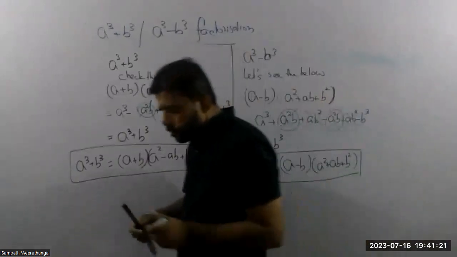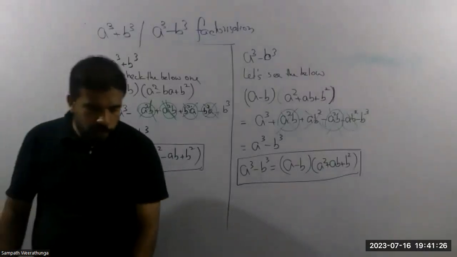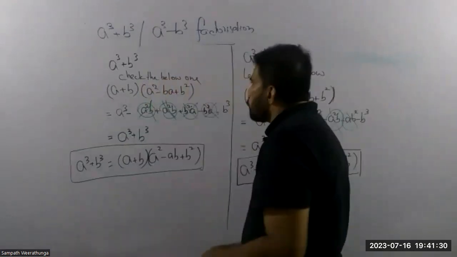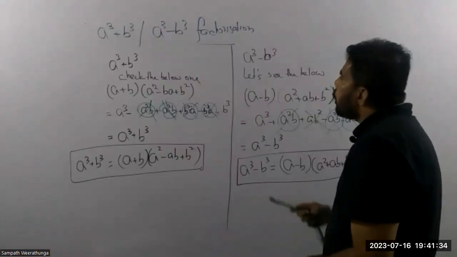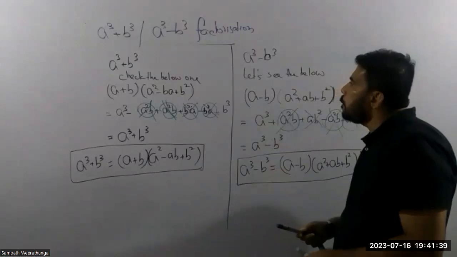Now we found the relationship for A cube plus B cube and A cube minus B cube. Even we need not do this manipulation.